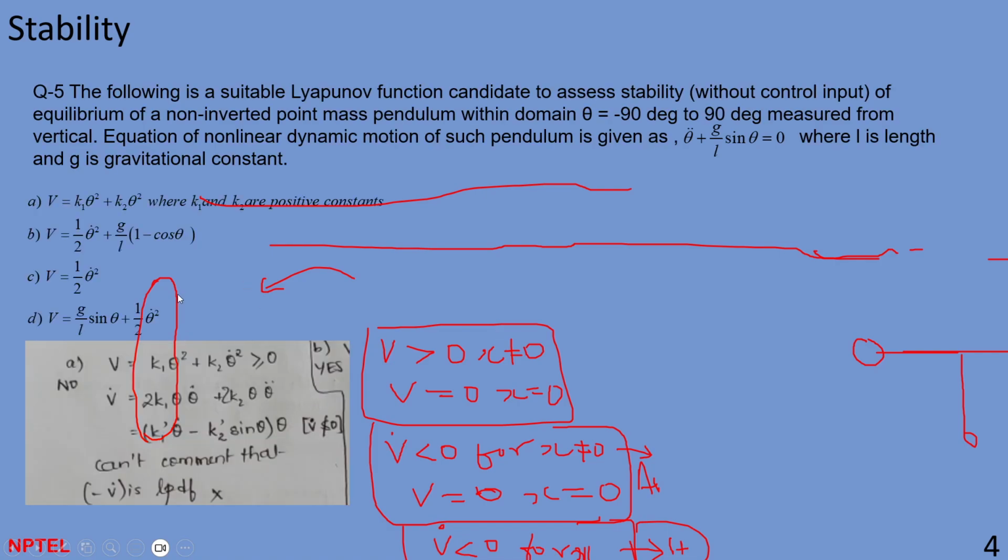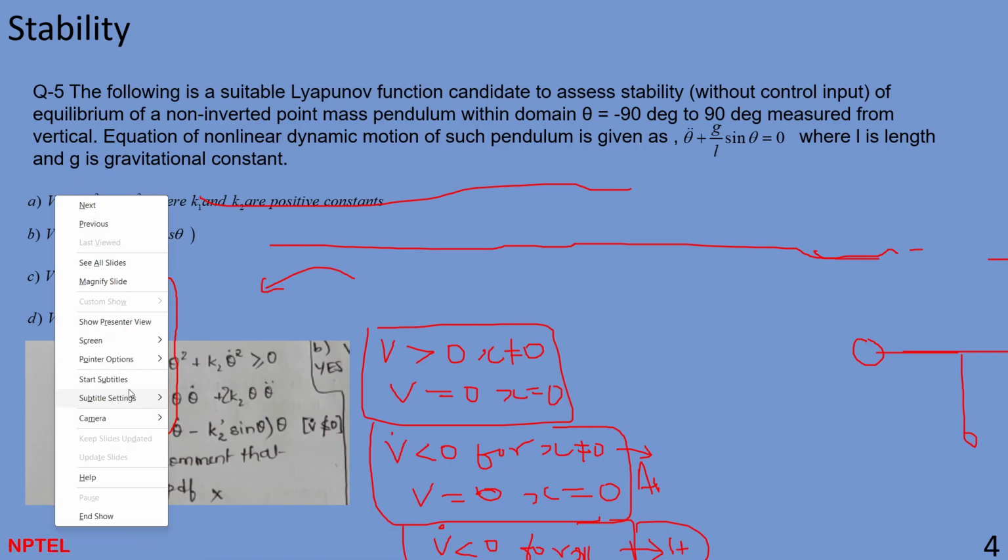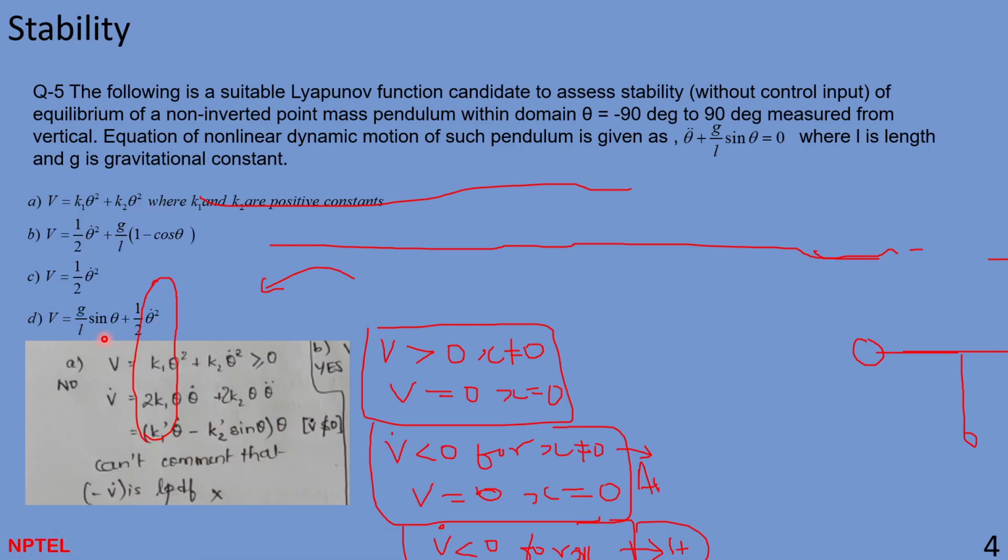So let's just solve the first problem. Here V is given, which is k1 theta square plus k2 theta dot square. There are two states, theta and theta dot.